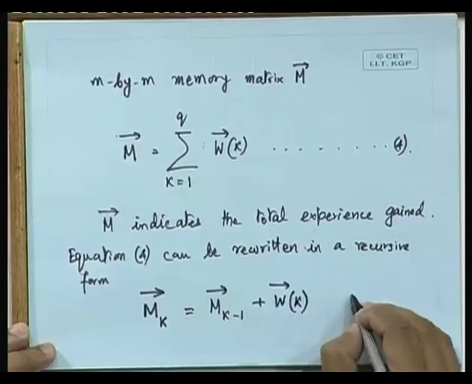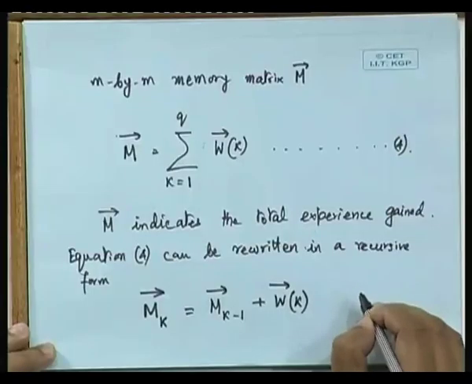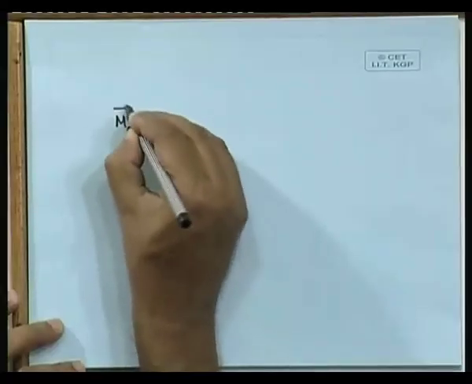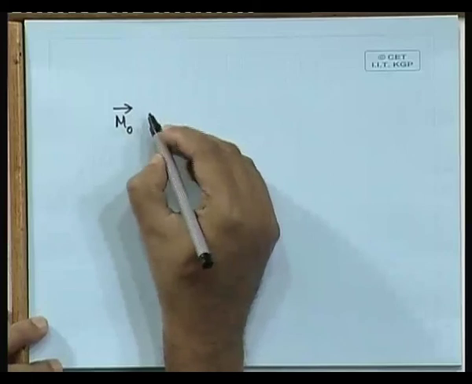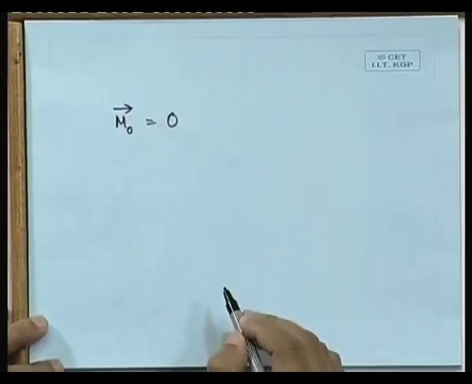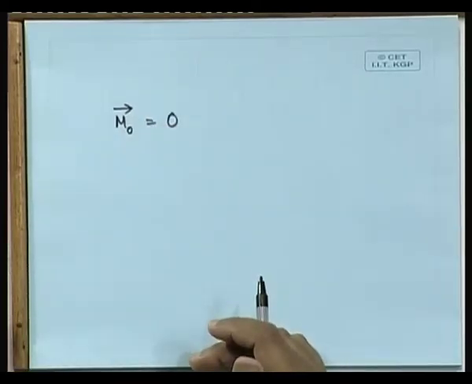So this is in the form of a recursive relation. If we write it in this recursive form, the two boundary conditions that we have to note are: m0, that is, before feeding any pattern, we are assuming that the memory was 0, that means we did not have any experience to begin with.